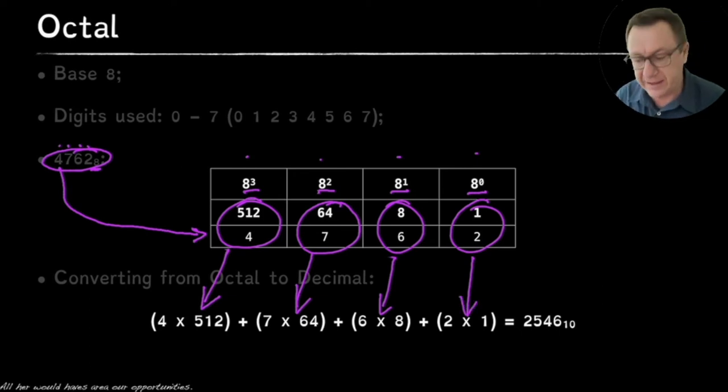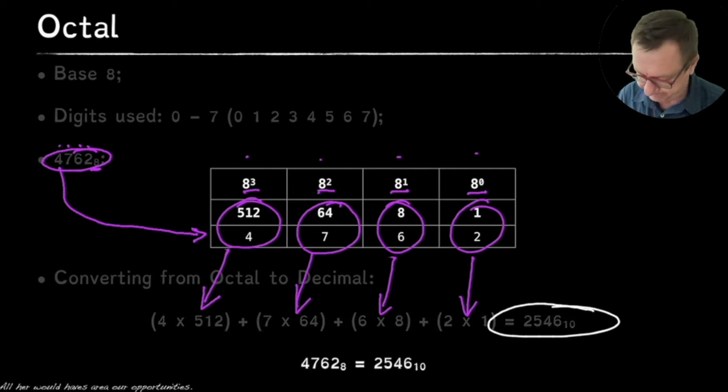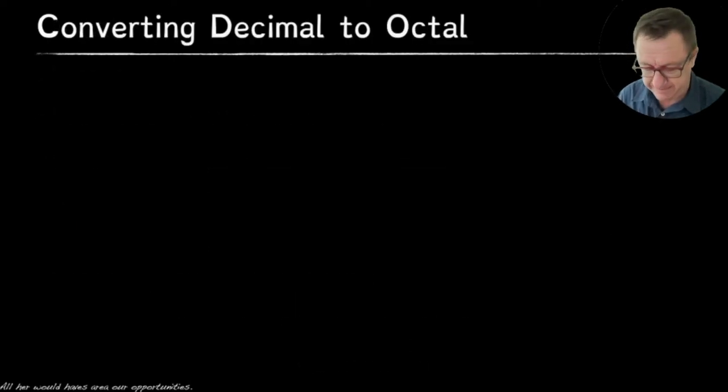We add them all together and we end up with the magic 2,546, which you're starting to see the pattern there. It's the same number we did previously. So 4762 base 8 is the same as 2546 base 10.